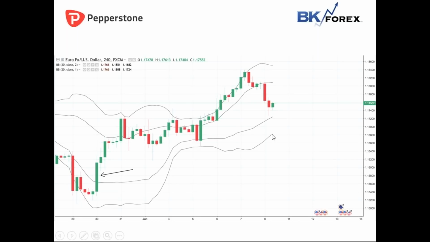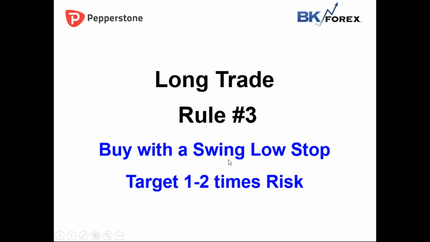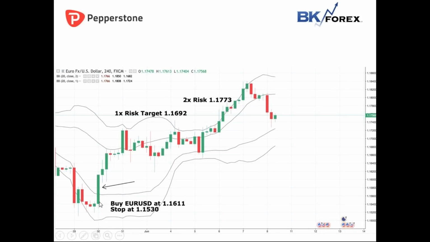So it's closing above the first standard deviation Bollinger Band, and then you buy. You buy with a swing low stop, target 1 to 2 times risk. So you're buying Eurodollar at 116.11, the stop is 115.30.